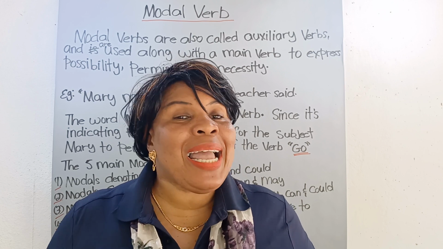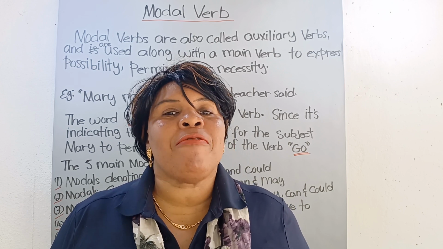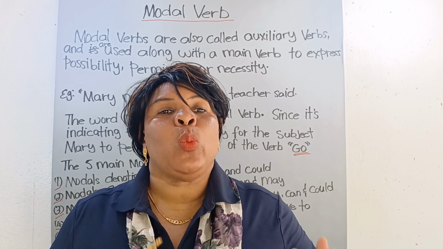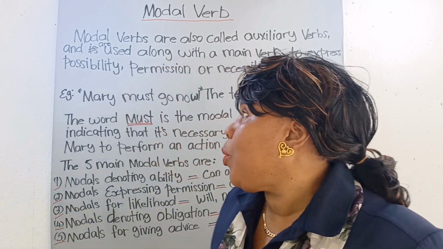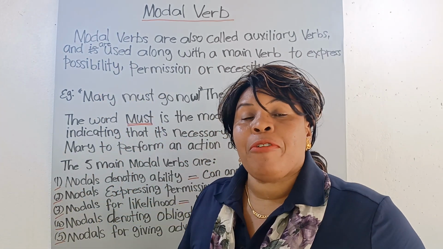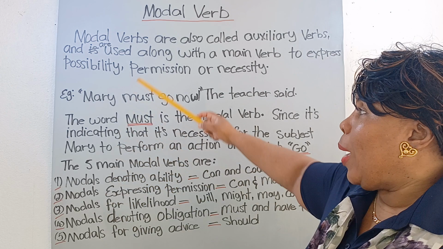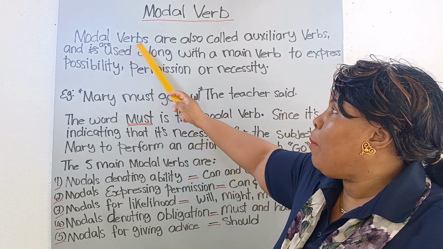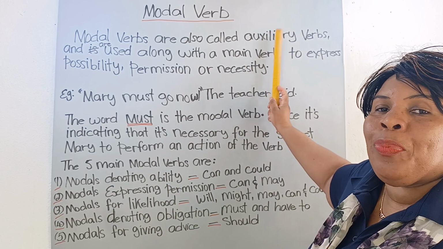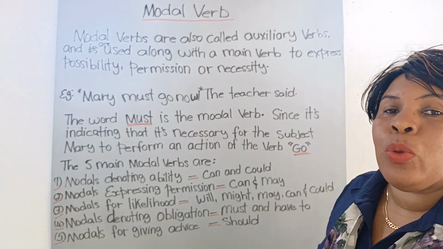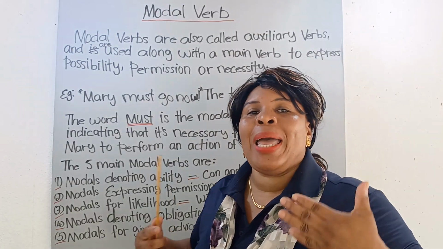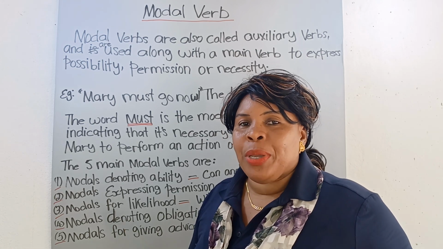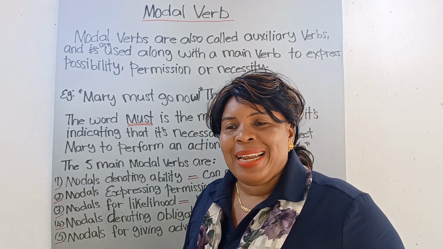All right, so let's get into this lesson. Modal verbs is what we will be discussing today. So what are modal verbs, you might ask? I have a definition written out here for you. Modal verbs are also called auxiliary verbs, and the word auxiliary means to help. We have talked about auxiliary in previous lessons.